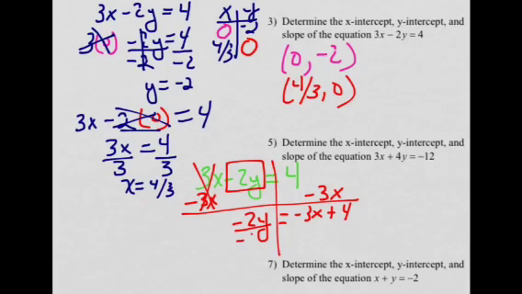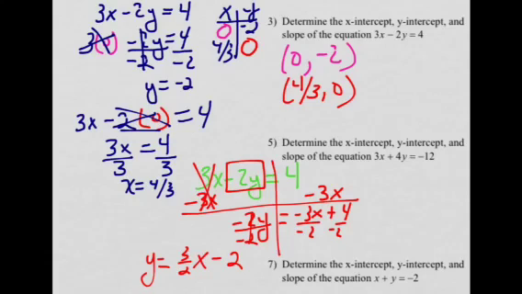Well, if we divide everything by negative 2, we're left with y equals a negative divided by negative is a positive, so now we have a positive 3/2 x, and then you have a positive divided by a negative, which means we get minus 2.